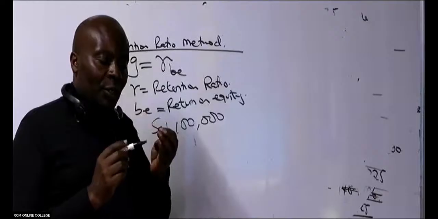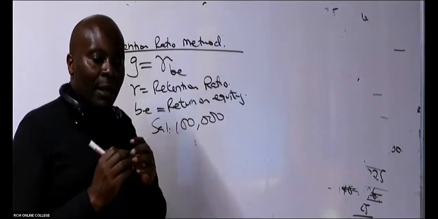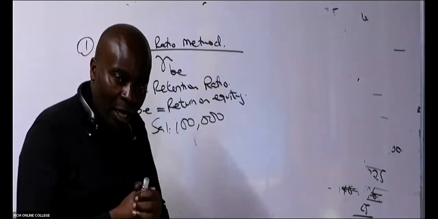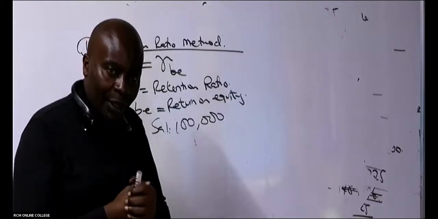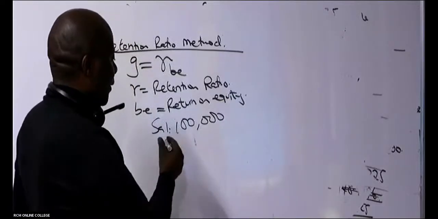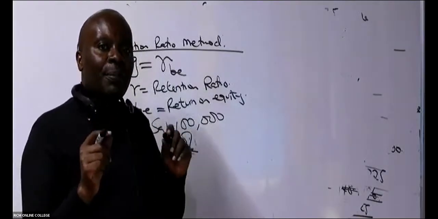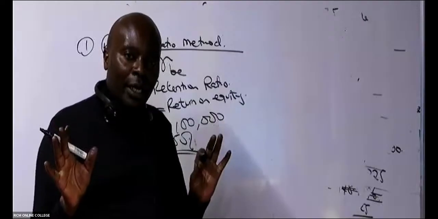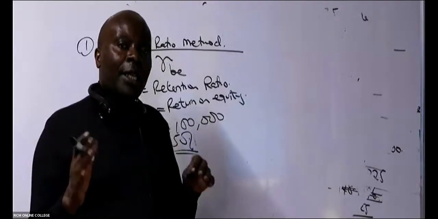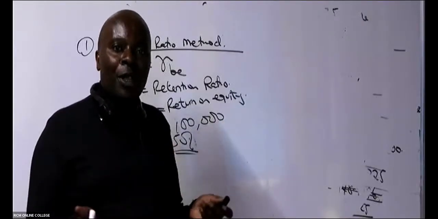So you must be able to retain something. Maybe you are retaining 50%. If you leave this money in a bank account, not earning interest, you will not be growing.